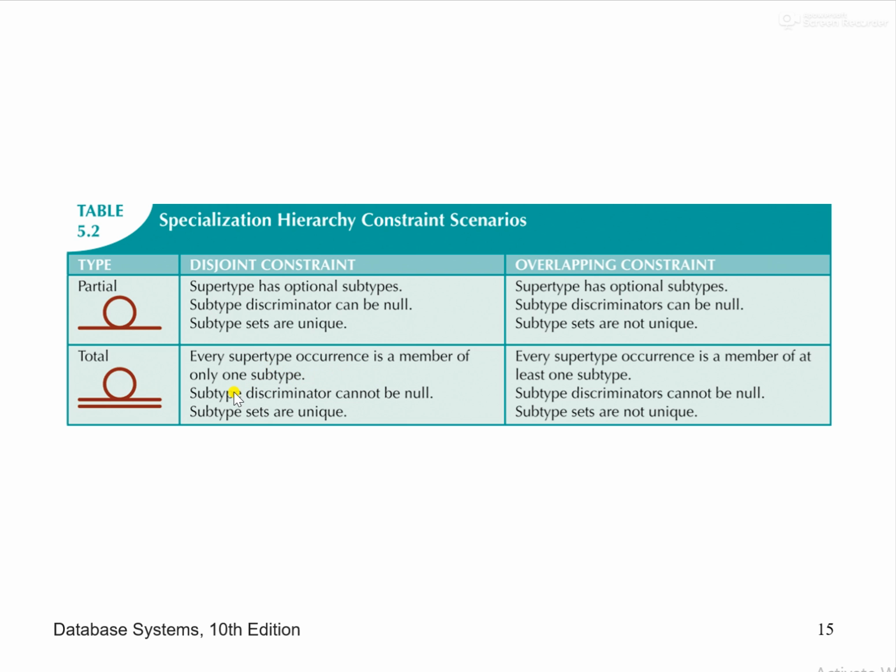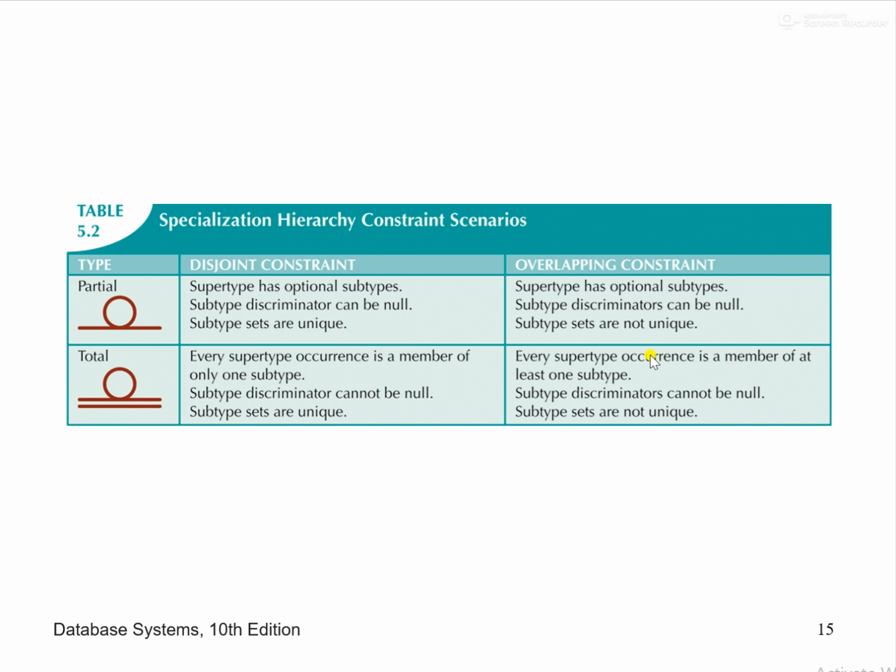So you know that a student can be either a graduate or undergraduate, but not both at the same time. And the subtype discriminator cannot be null, it must belong to one category. It can be either graduate or undergrad, but it cannot be null. And subtype sets are unique. Why is it unique? Because it belongs to a disjoint constraint.